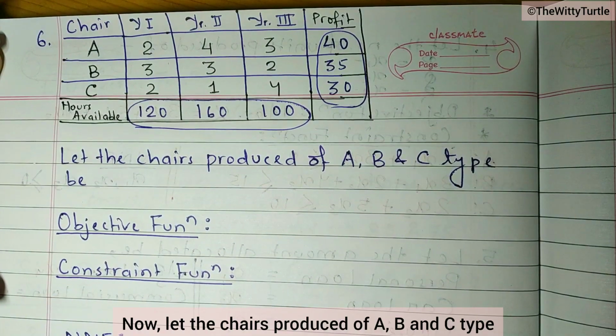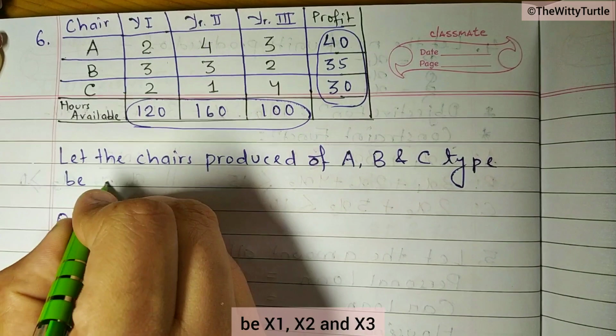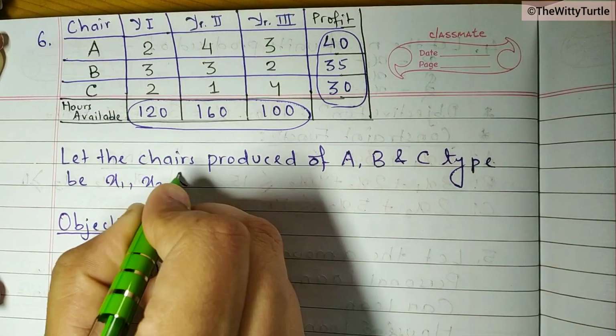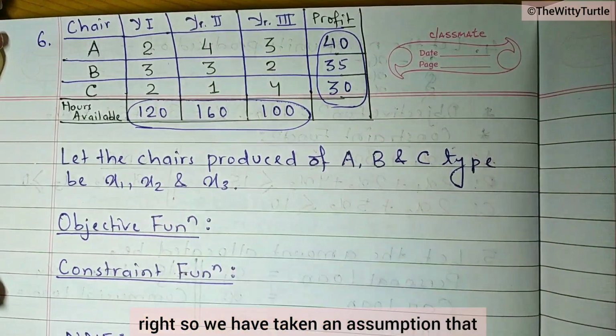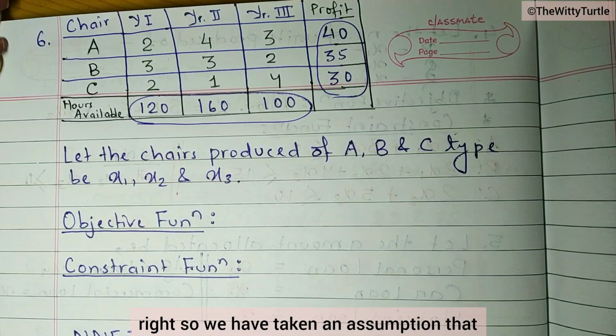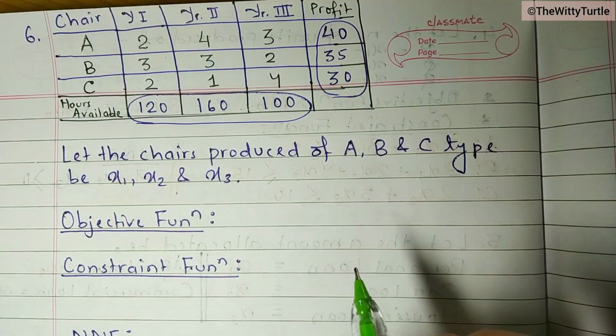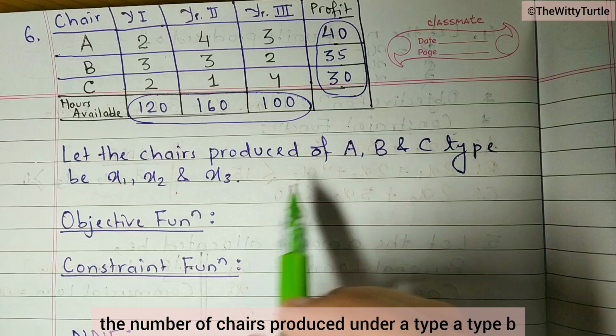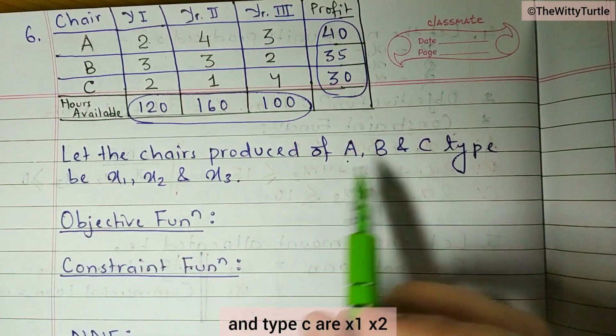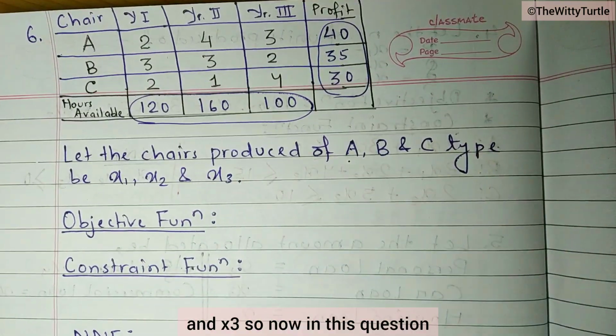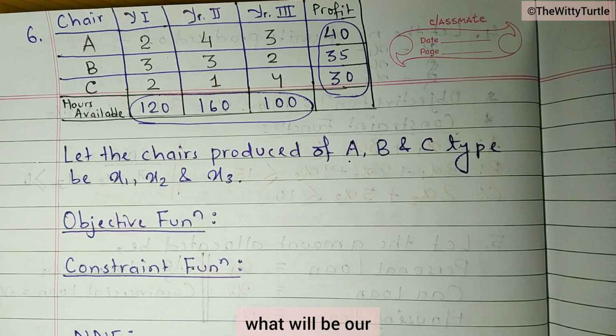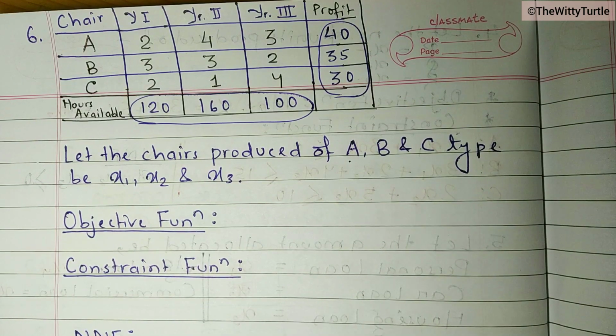Now, let the chairs produced of A, B and C type be x1, x2 and x3, right? So we have taken an assumption that the number of chairs produced under type A, type B and type C are x1, x2 and x3. So now in this question, what will be our objective function?